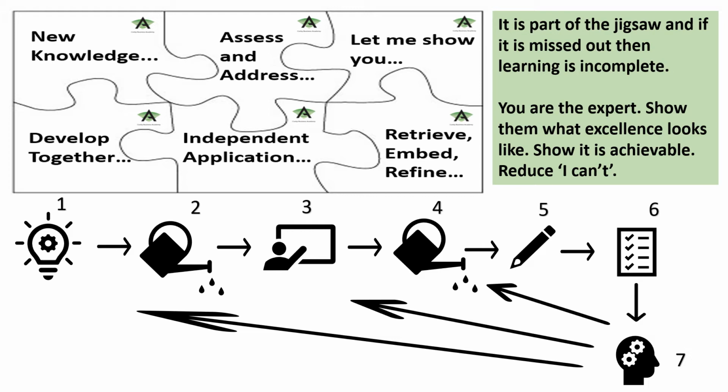So if you look at this sequence across the bottom, which is a basic learning process, which shows us how the segments can be used and how modelling can be used too. So if we think about the first part here, number 1, that's our new knowledge, okay? We're taking something, a concept, an idea or a skill that we want to teach students, and that's where we're starting, okay?